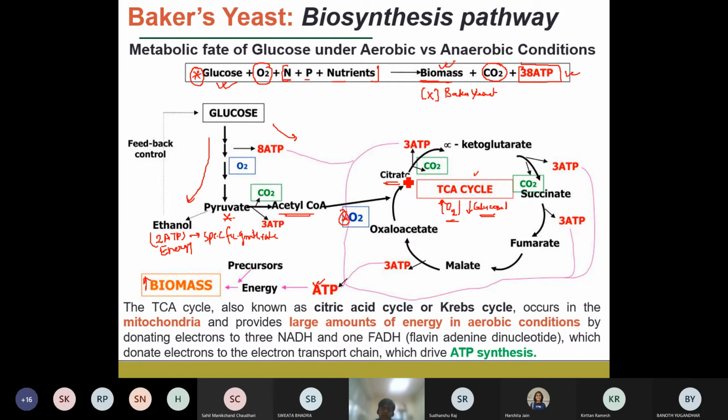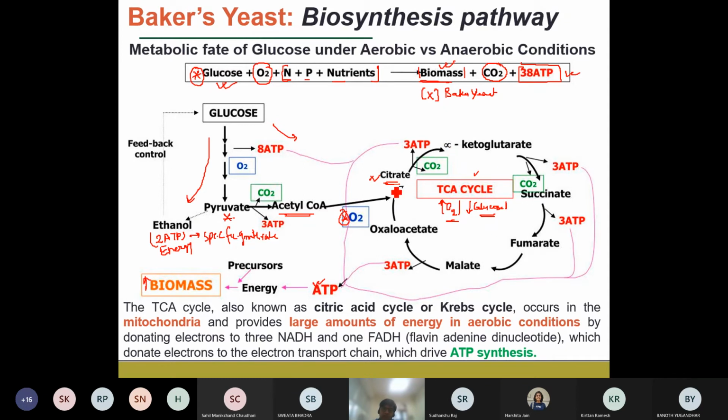So here we are talking about Baker's yeast production, where our target is to improve the biomass concentration. But if your target is to produce citric acid, in that case also you can follow this biochemical pathway, but the other subsequent steps in this TCA cycle have to be inhibited.